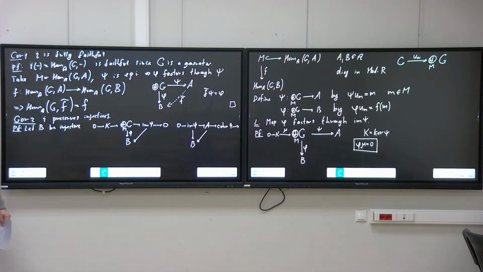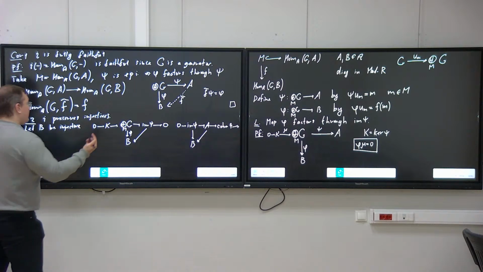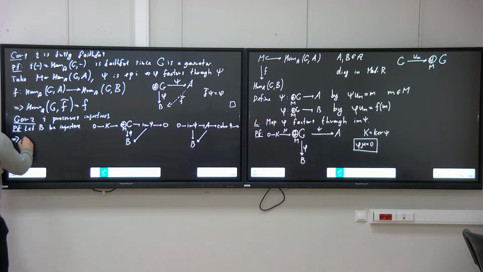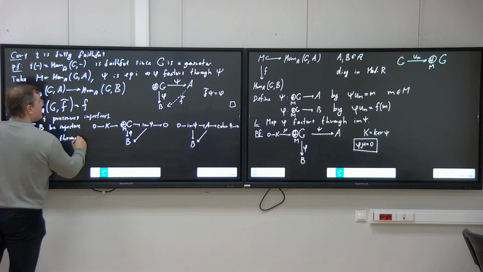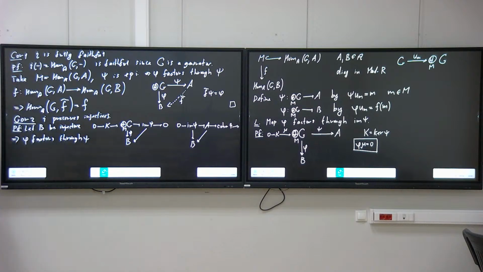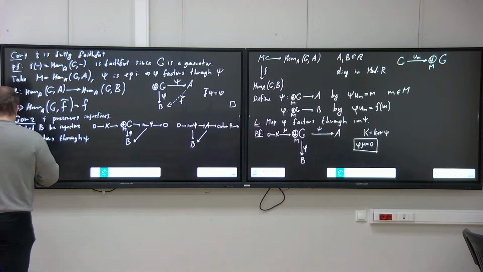So the conclusion is that in the case when B is injective, I can say that phi factors through psi as before. On the previous step we obtained this by specifically choosing M. In this case M is anything, but B is injective, and by this injectivity we still get the same conclusion.